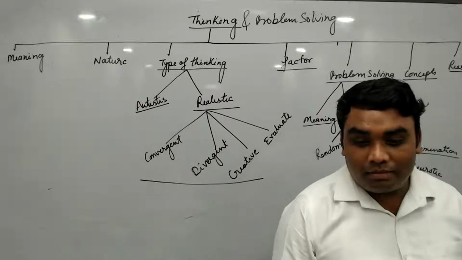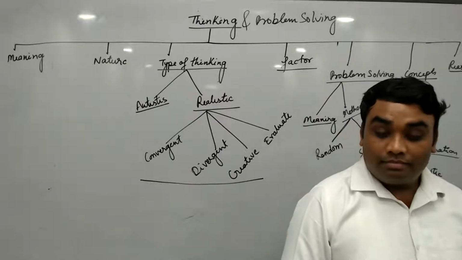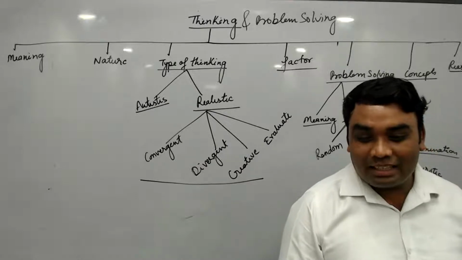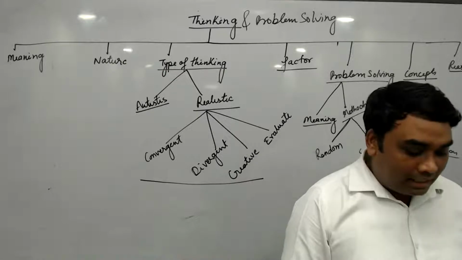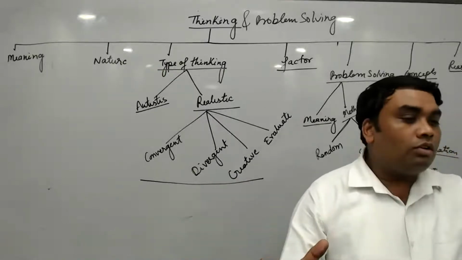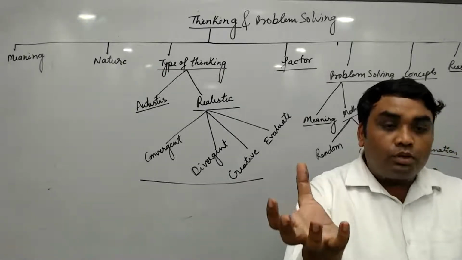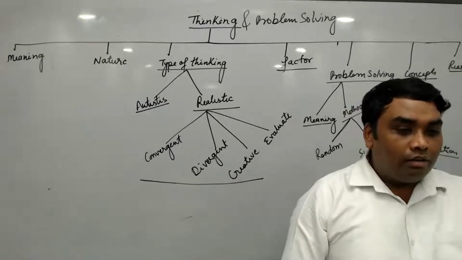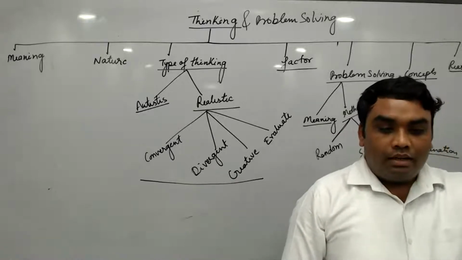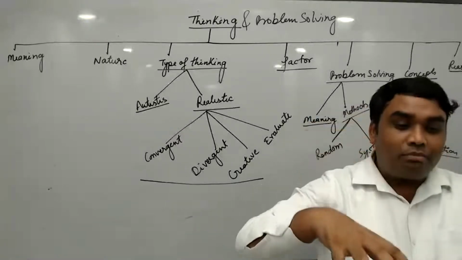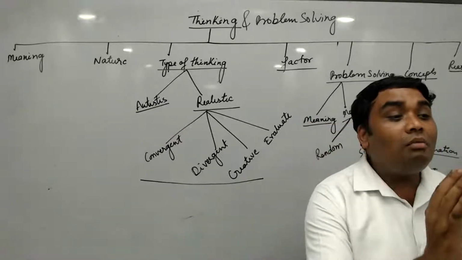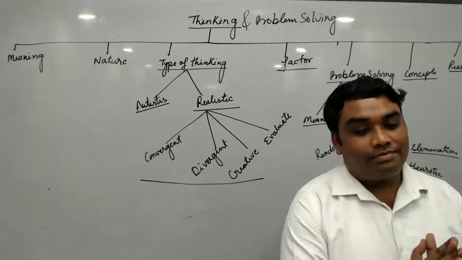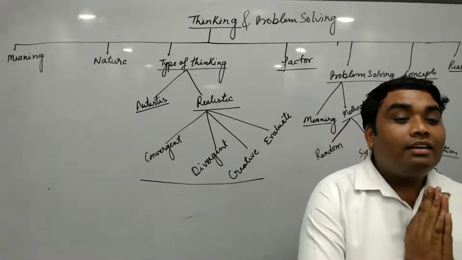Conjunctive or disjunctive? Conjunctive means when one concept is supporting the other concept, and disjunctive is when one concept is demotivated by the other concept. Like Ram is a good boy, but he is lazy. So what concept is there? Disjunctive.